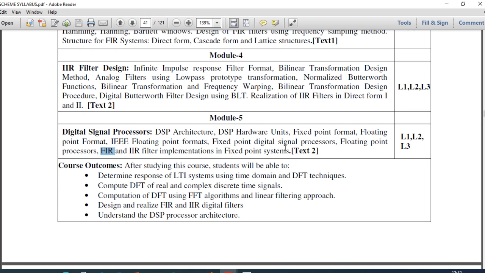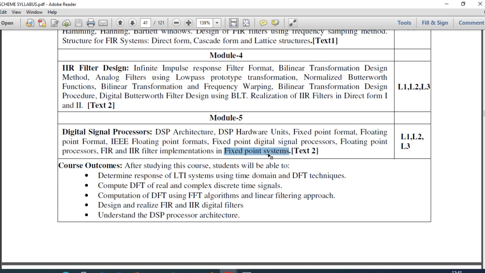So here in this topic we are going to discuss how digital filters like the FIR filter can be implemented using a number system like the fixed point system. As we know, the fixed point system uses the Q format, and we already studied it.